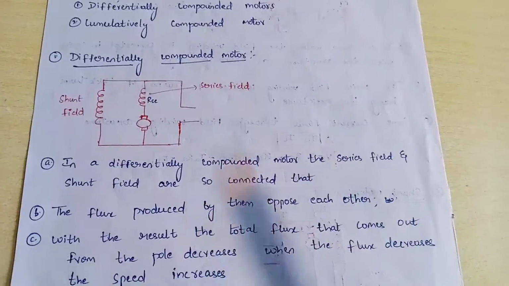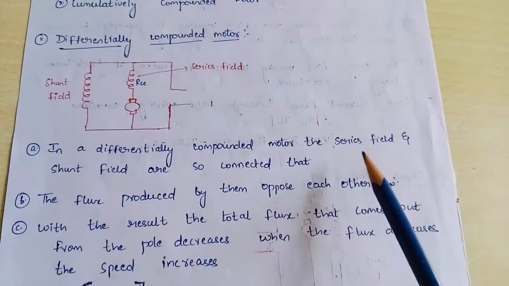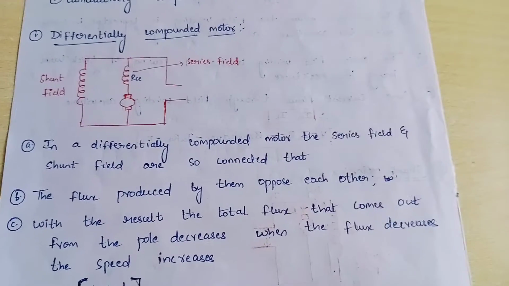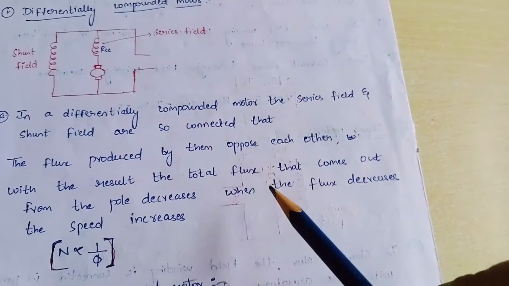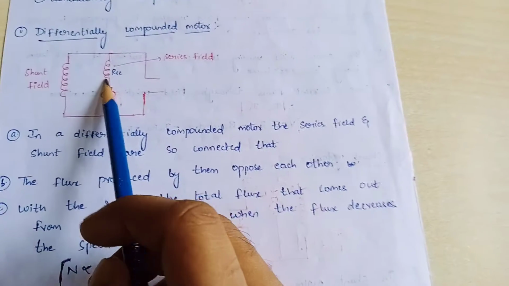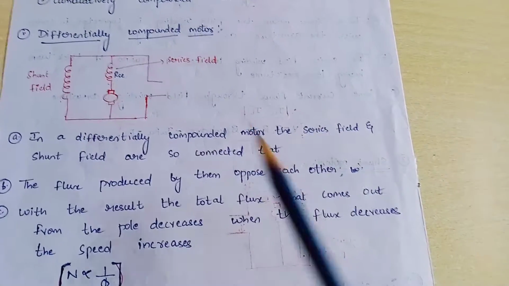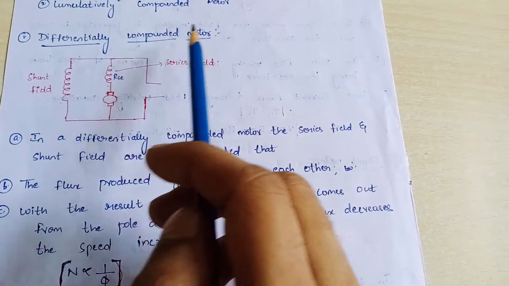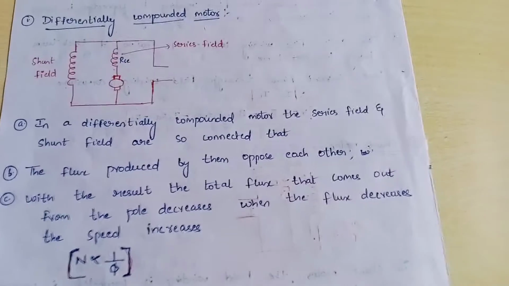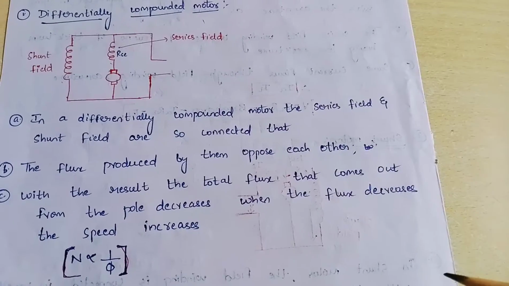What happens in differential compound motors? In differential compound motors, the series field and the shunt field are connected in such a way that the flux produced by them opposes each other. So the total flux that comes out from the pole decreases.